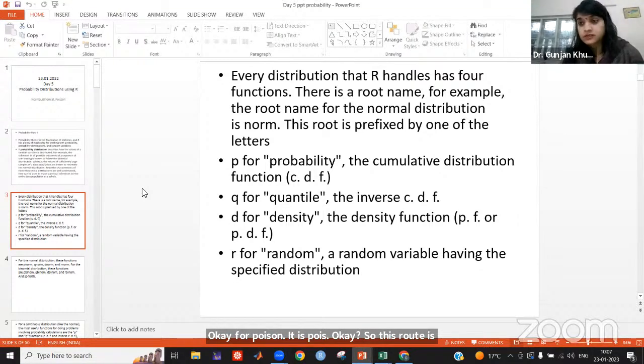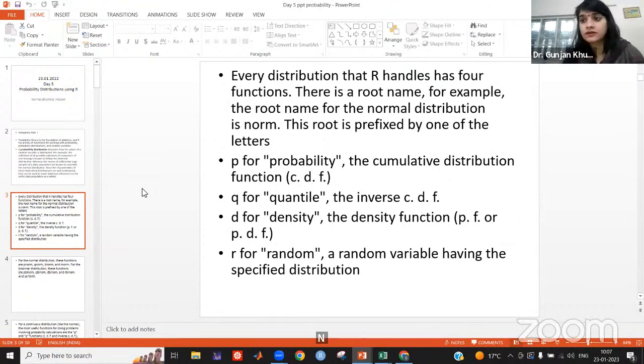If we have to calculate the cumulative distribution of the normal distribution, then we'll use small pnorm. So norm is prefixed by this letter p.